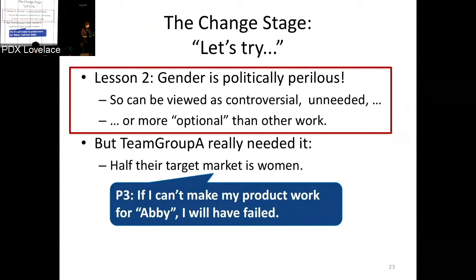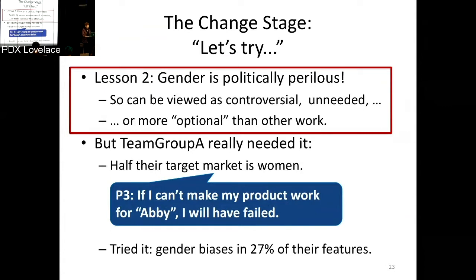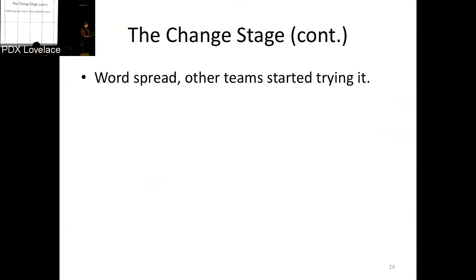So he knew he needed it. And he led the first group of teams forward. The very first thing they did, in the very first walkthrough, they found gender biases in 27% of their features, and then they started harder scenarios and the number got higher. So he started evangelizing it, and other teams started trying it.